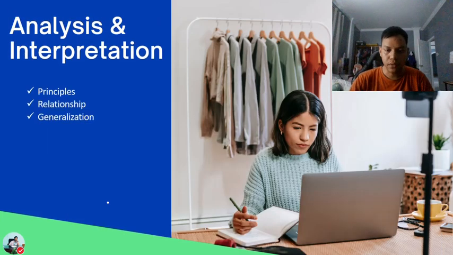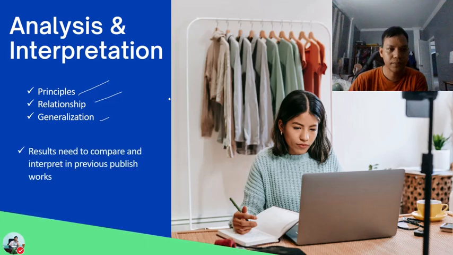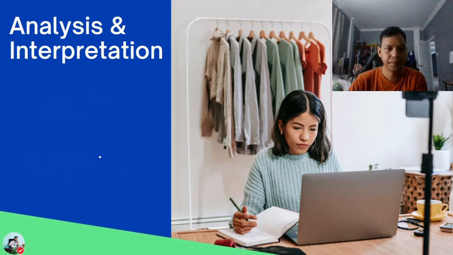We also discussed the importance of having principles, relationships, and generalizations. And also the results need to be compared and interpreted with previously published works. That is why we also need to cite related literature and related studies.